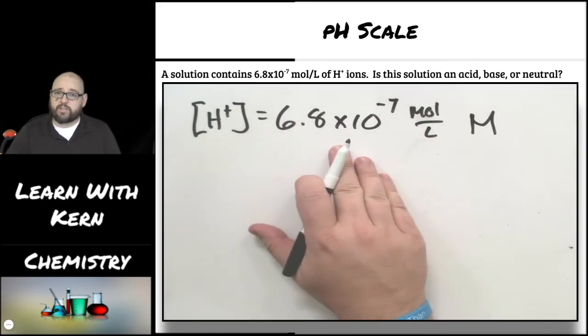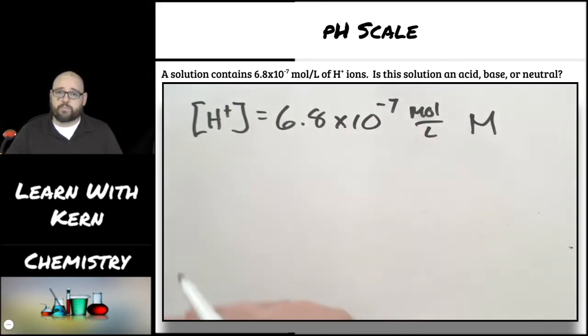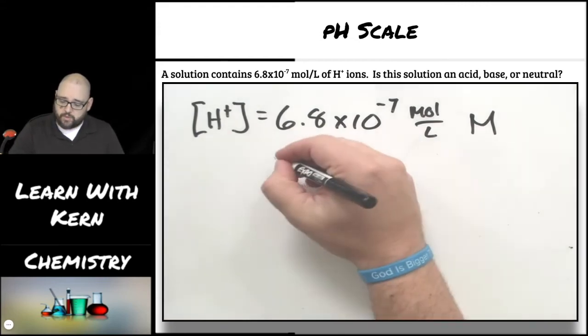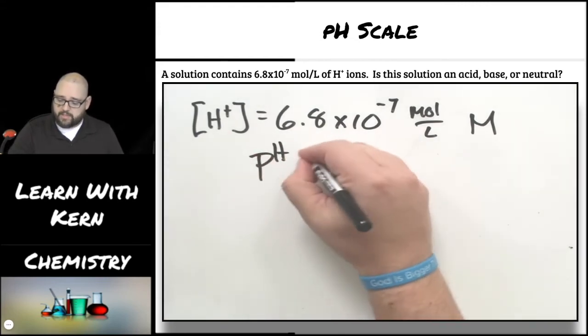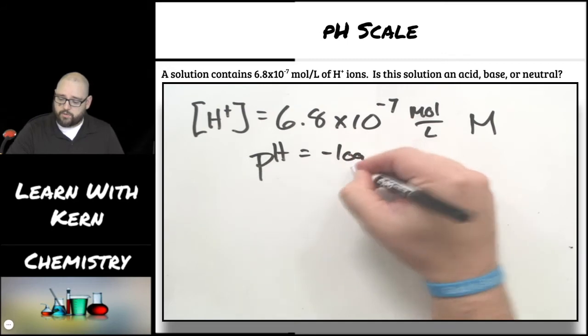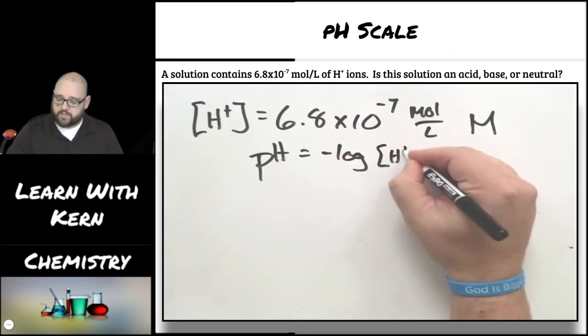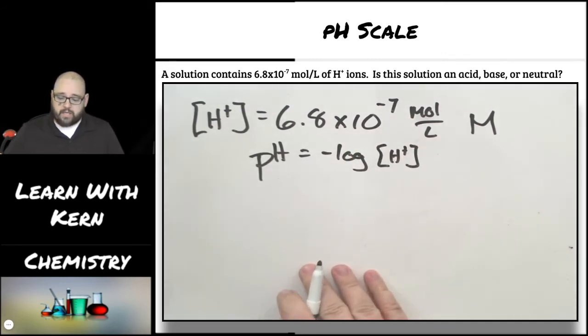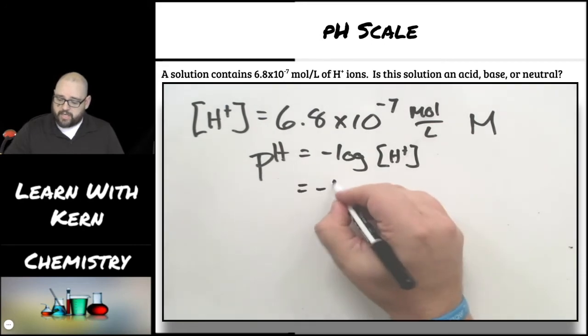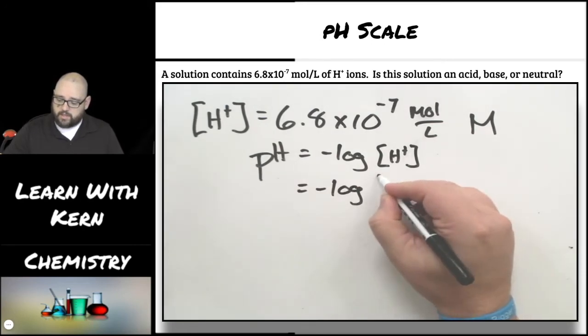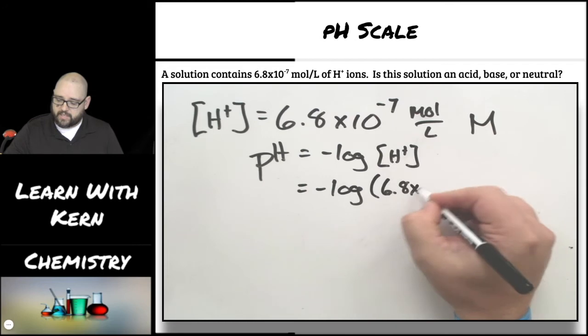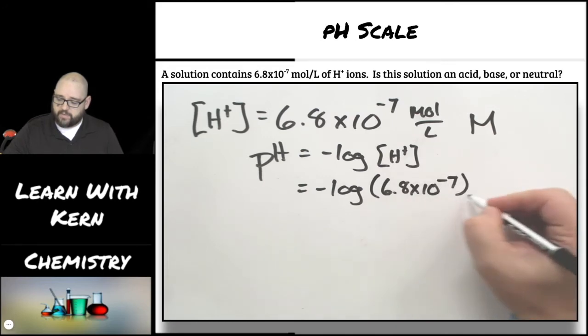So to do that, I need to know its pH, and I need to know whether it's above 7 or below 7. So the pH is going to be the negative logarithm of your H plus concentration. And so we simply plug in our numbers. We have a negative log of 6.8 times 10 to the negative 7th.